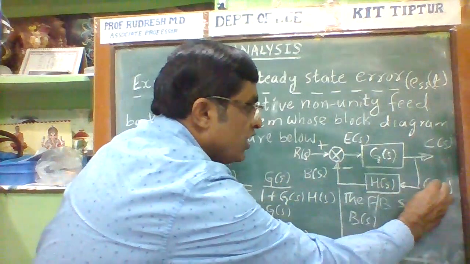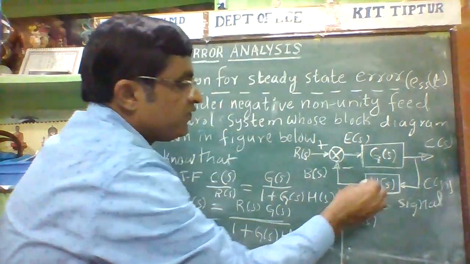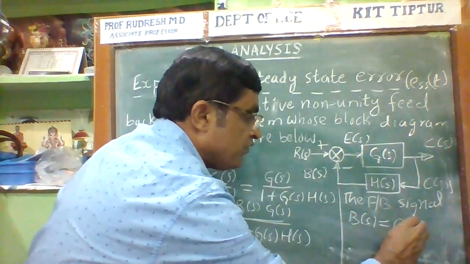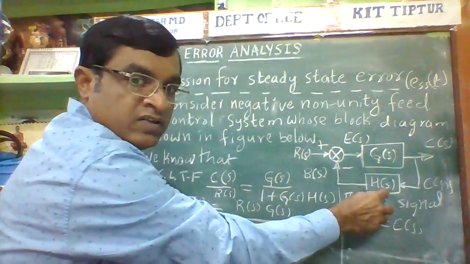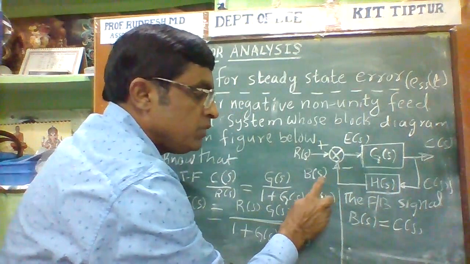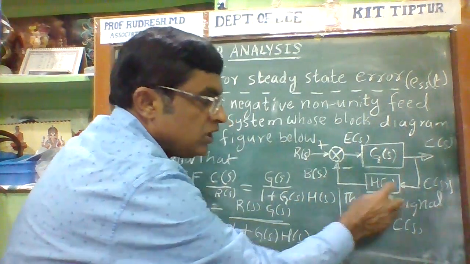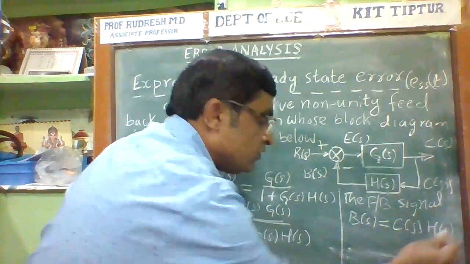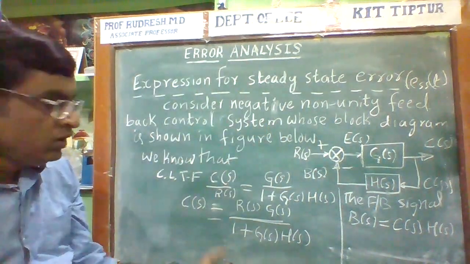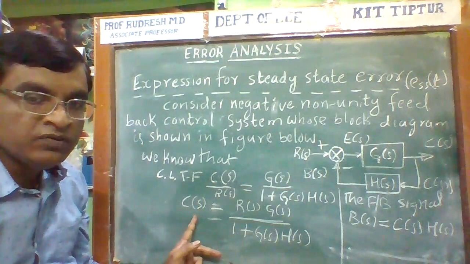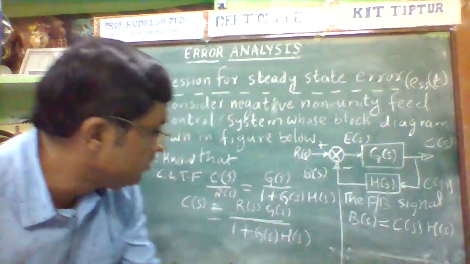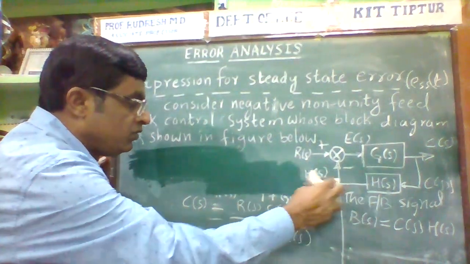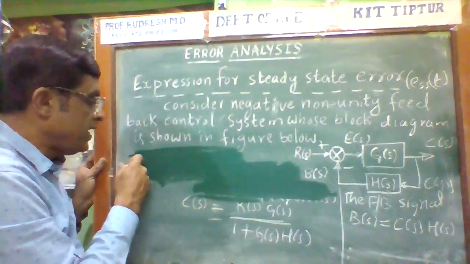The input of the block is C(s) and the output is B(s). So output is equal to input into transfer function, and the transfer function is H(s). Now how do we find B(s), the feedback signal?